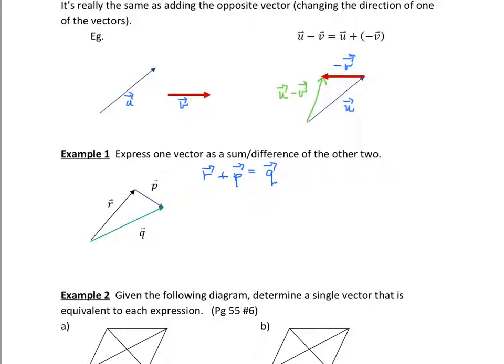We could rearrange that same equation and say that vector q minus vector p gives us vector r. Vector q is here. Then if we're going to subtract vector p, that means we would be switching the direction of vector p. So the red one would be negative p. And then your resultant vector would be here, the one that's labeled with an r. Right there. So we could also say vector q minus vector p gives us vector r.